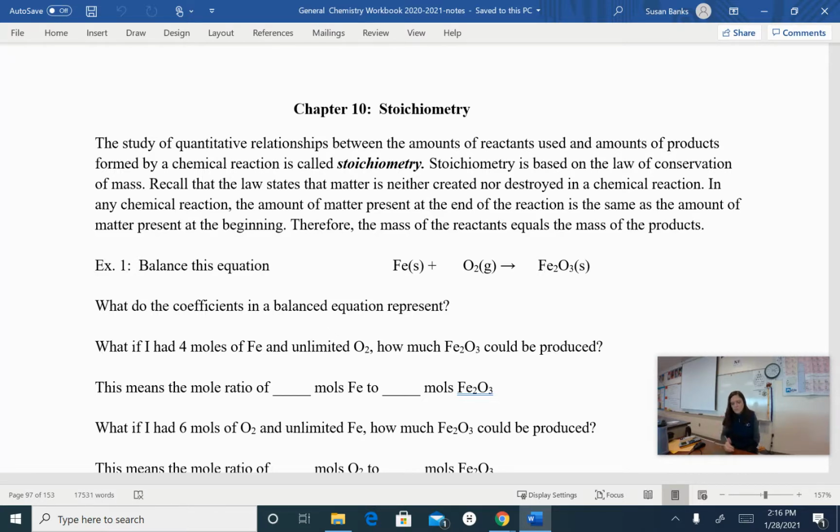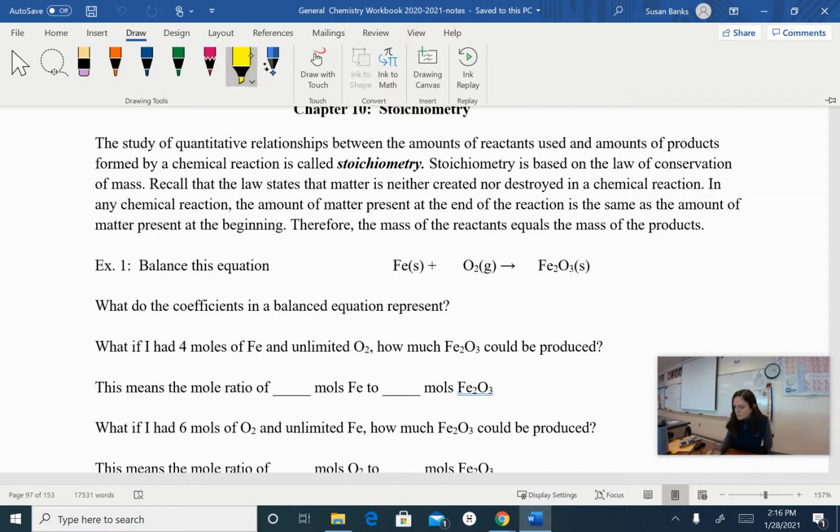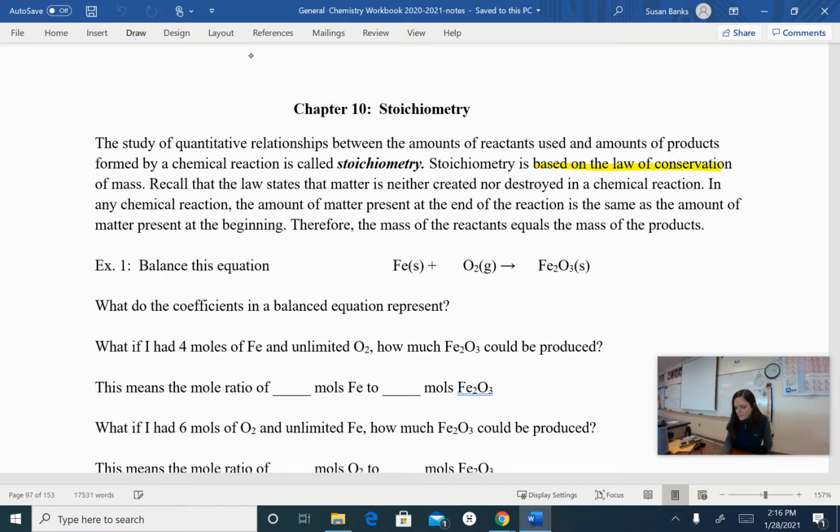So stoichiometry is basically based on the law of conservation of mass. So the amount of mass that goes into making something or into a chemical reaction is going to be the total mass of what comes out. It may be rearranged, it may be gases, liquids, or solids, or whatever, but the mass into a reaction is always equal to the mass out of a reaction.